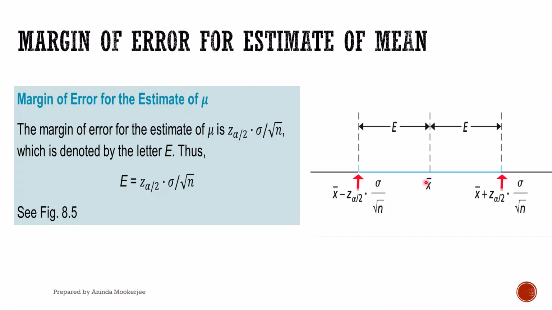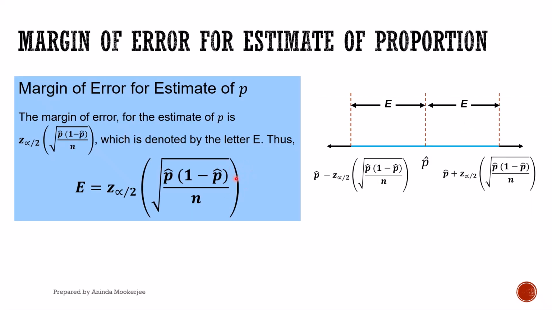It is essentially the distance from the center point, from the point estimate to each end of the interval. And that quantity, whether it's the lower end or the upper end, the distance from the point estimate is always going to be the same. Both E values on either side of x bar are going to be the same, right?